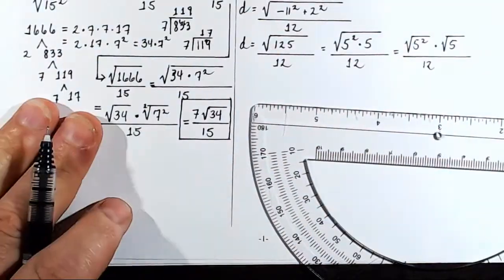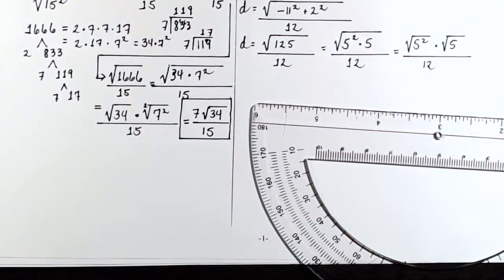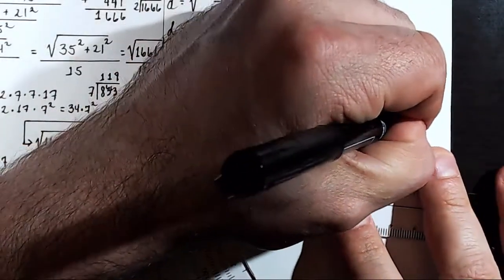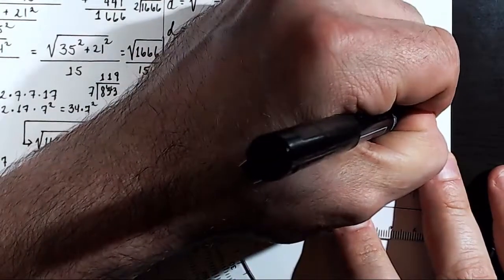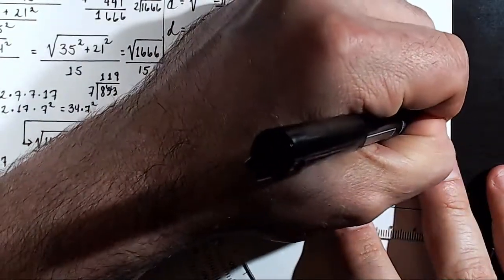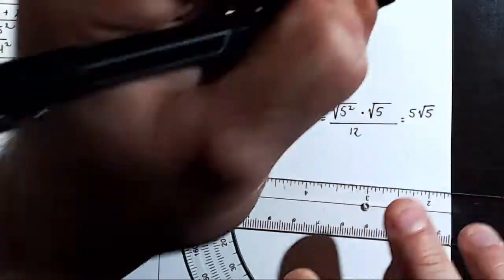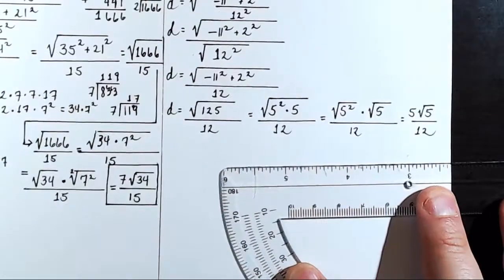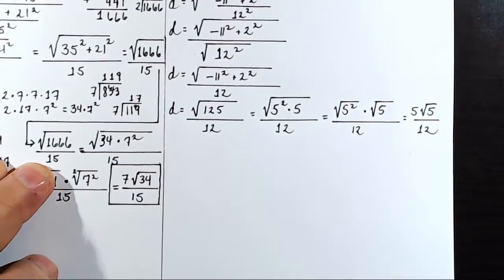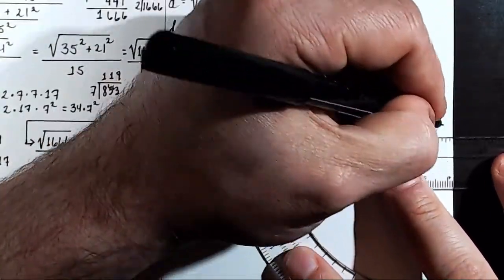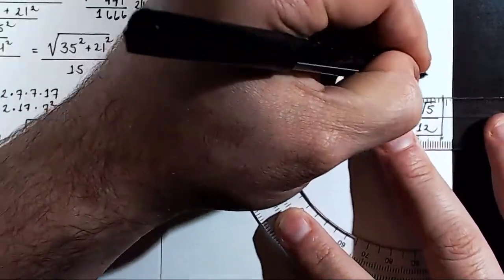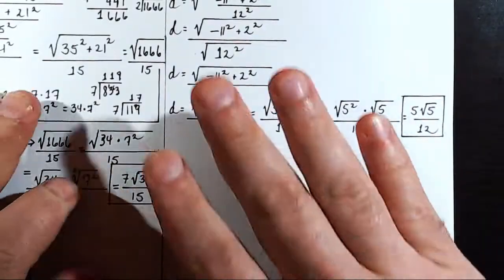And remember that the square root of a number squared is just the number. So the square root of 5 squared is just 5. So I can simplify this down to just 5. So now my final answer is 5 square root 5 over 12. Okay? And that's my final answer. Let's see if it's in the answer choices.